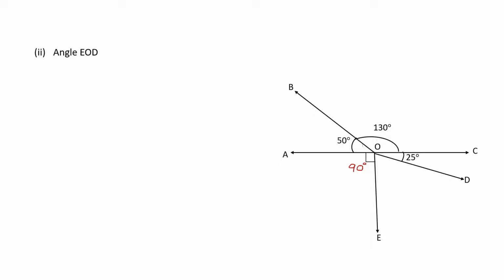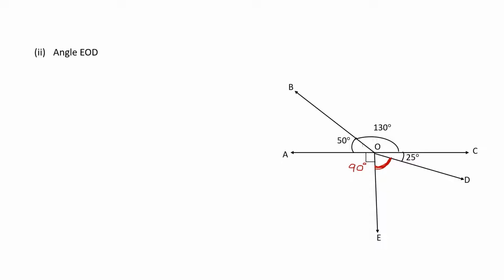Now where is EOD? This is angle EOD. Angle EOD is here. Now there are different ways to find this. We can use different properties. One property that we can use is the sum of angles around a point. Can you see this point O, and there are many angles around it.